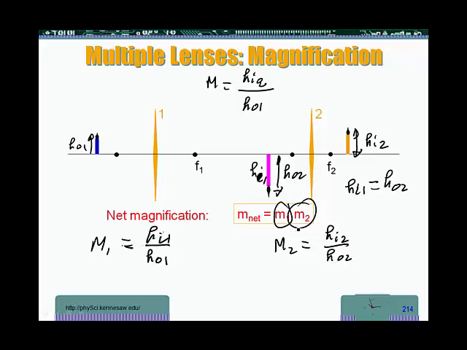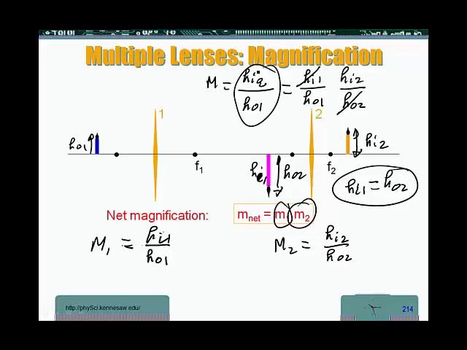You notice when we make the product of M1 times M2, what we have is HI1 over HO1 times HI2 over HO2. However, because HI1 is equal to HO2, these two cancel out, and we are left with this. So there's the proof. If we have more than 2 lenses, you just continue the product.